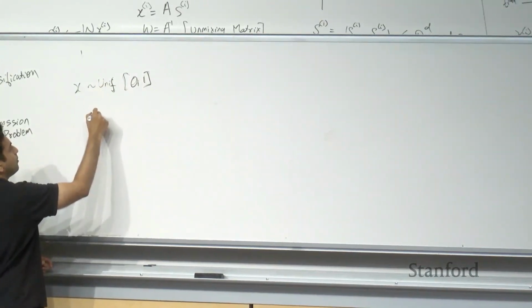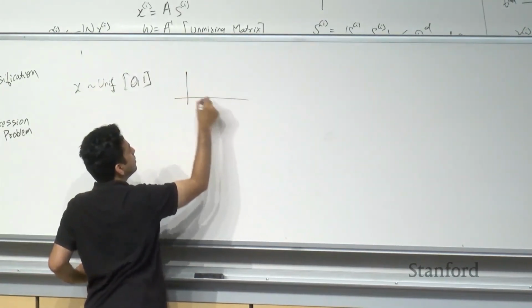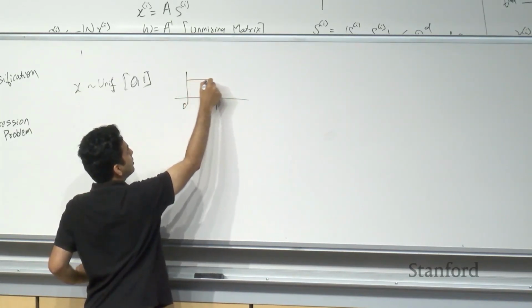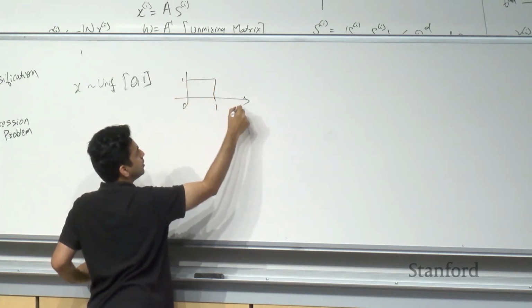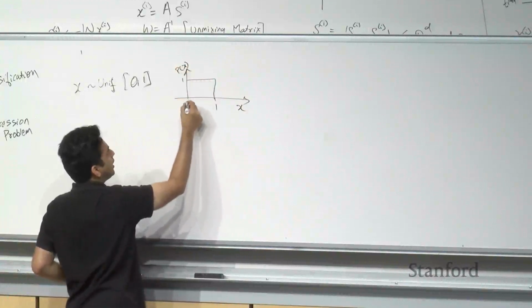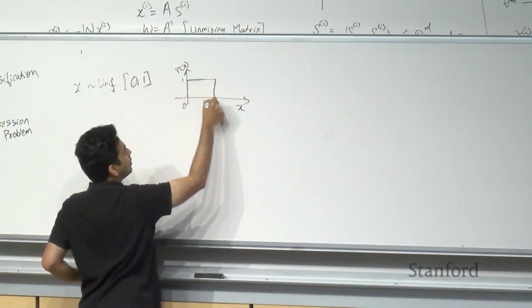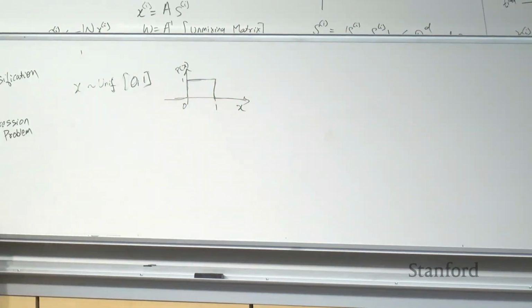And so which means x looks like this, 0 and 1, and the PDF of x looks like this. So this is x, this is P of x. So it has density equal to 1 between 0 and 1 and 0 everywhere else. Right? So this is just a uniform random variable over 0 and 1.